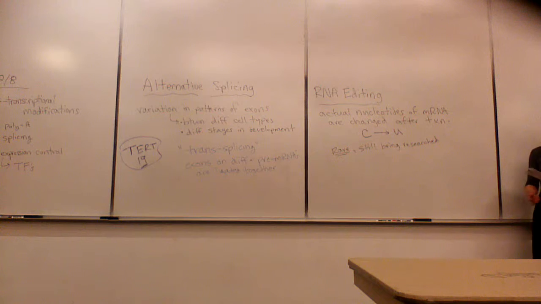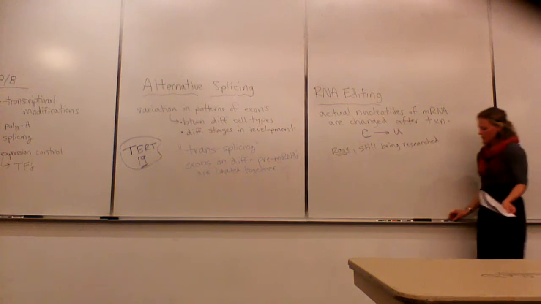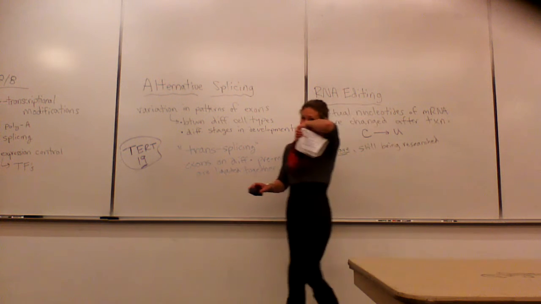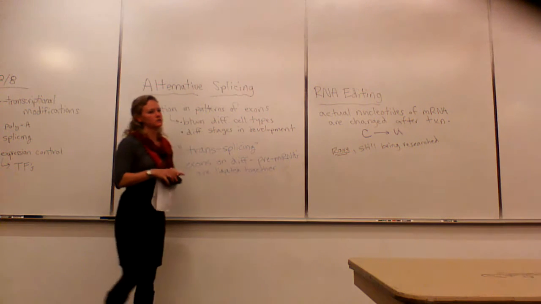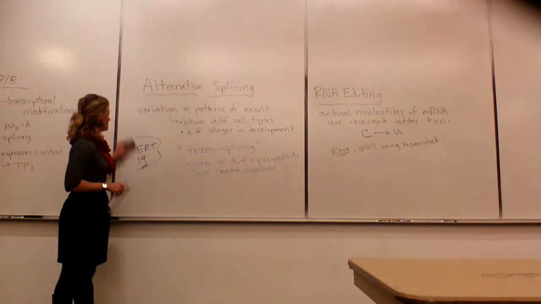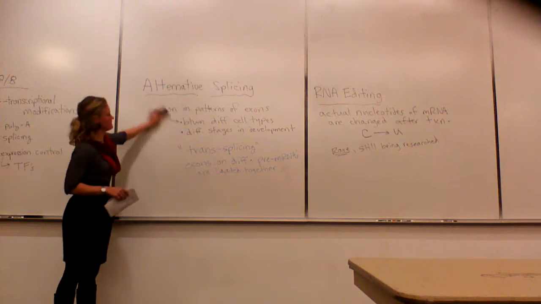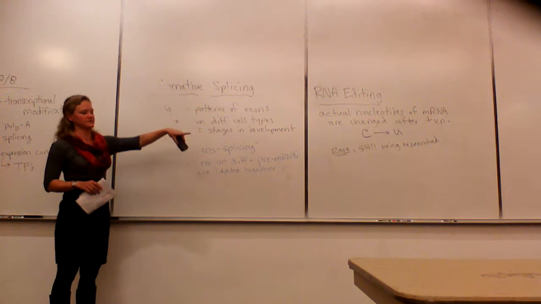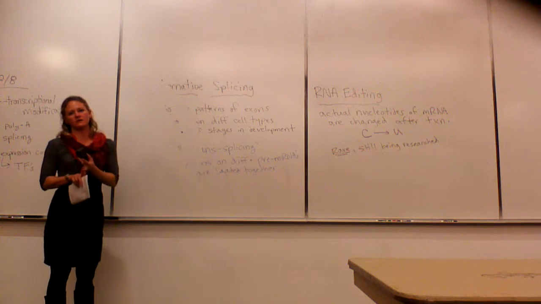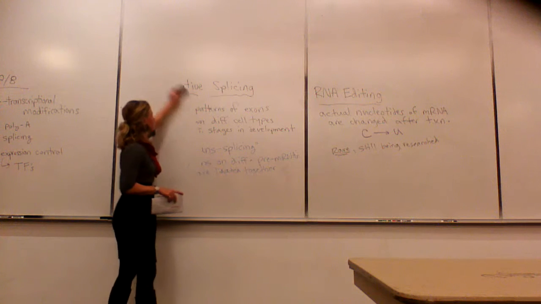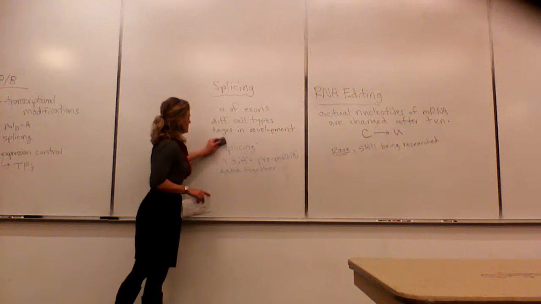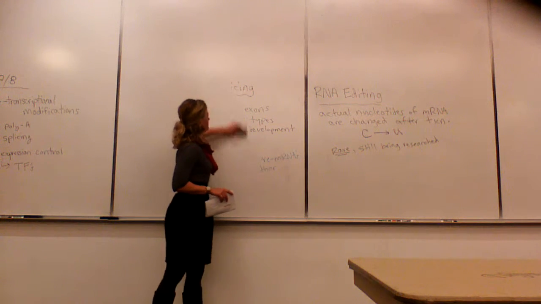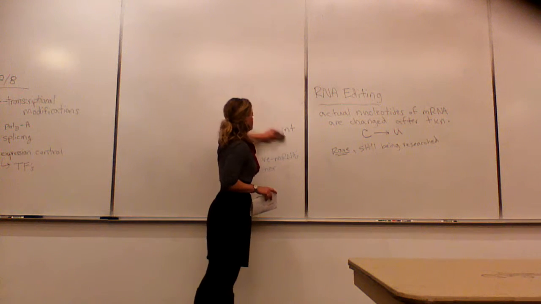But just so that you know this is a possibility, it's yet another way for us to change the amino acid sequence, potentially, depending on whether this is a missense, a nonsense, or silent change. We could end up with a slightly different protein.